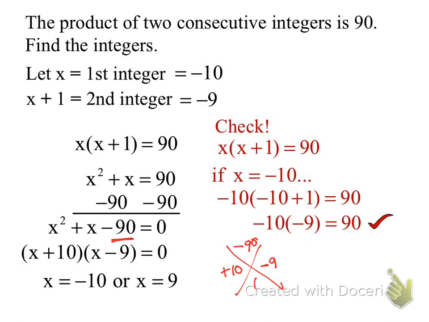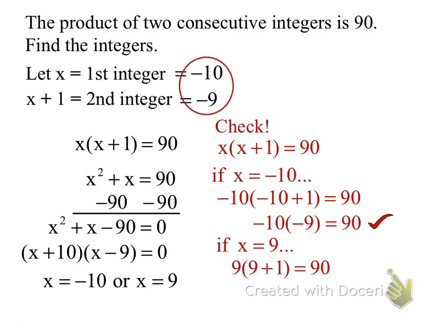Okay, and then we can try the other one, which was 9. Does 9 work in it? That works. So when X is 9, what would the next consecutive one be? 9 and positive 10.